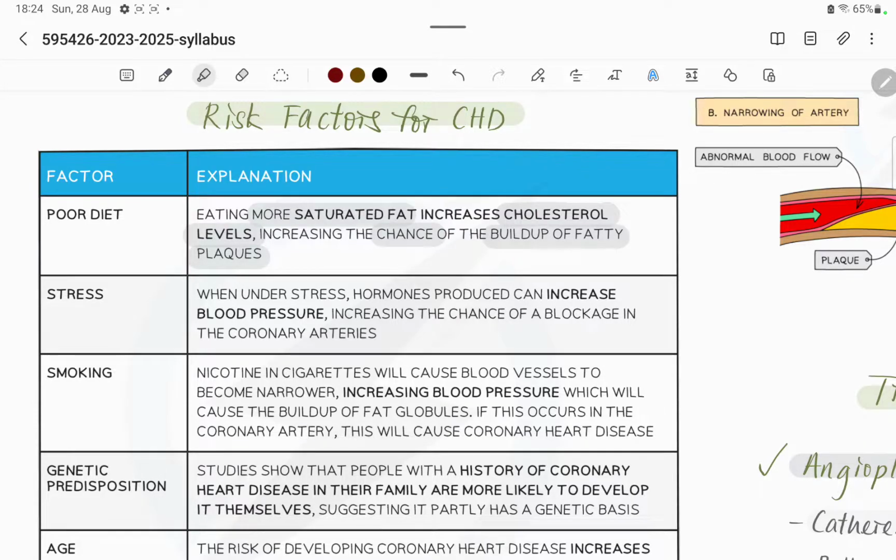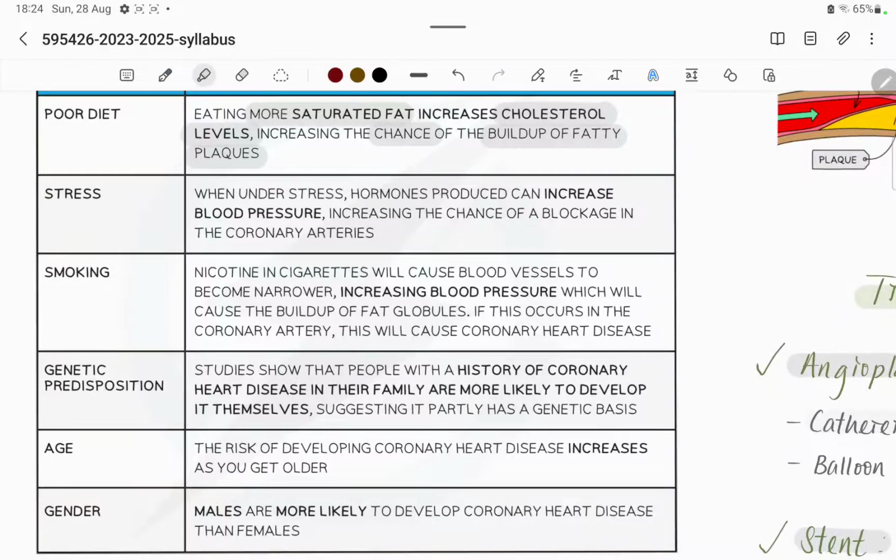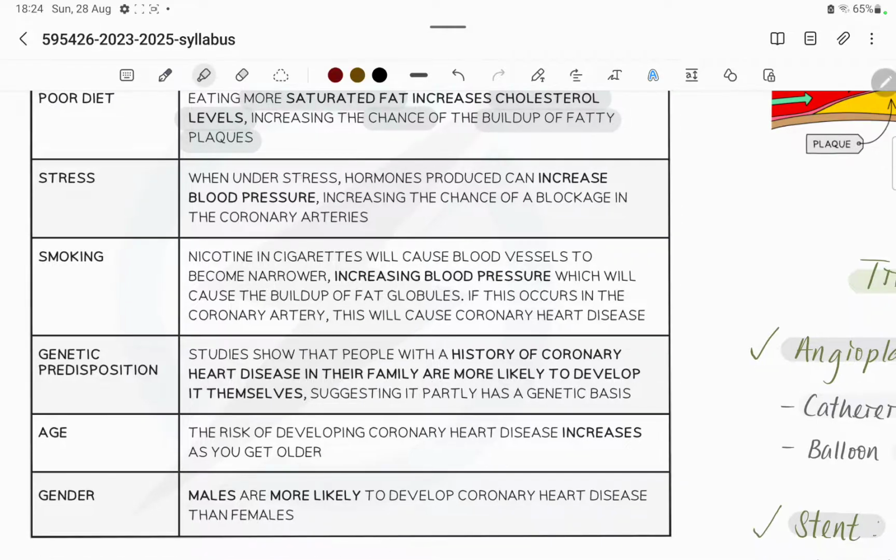Okay, secondly, stress. When under stress, hormones produced can increase blood pressure. Stress and then hormones will be produced, so blood pressure will increase, and then the blockage of the coronary arteries will increase also.